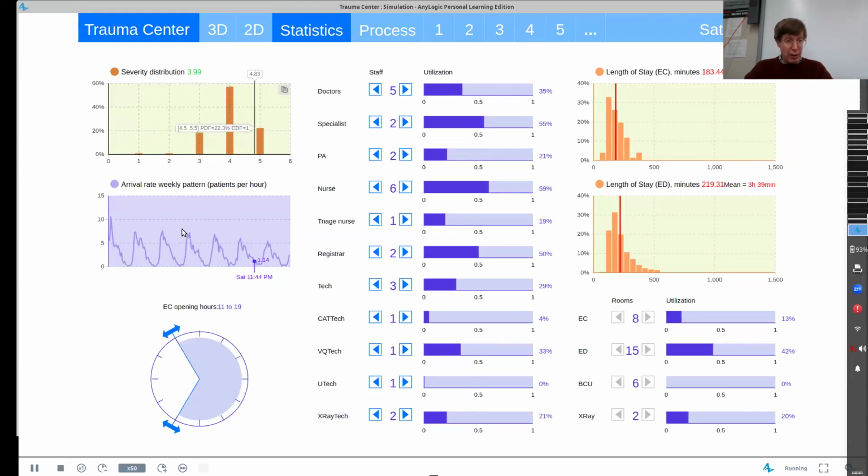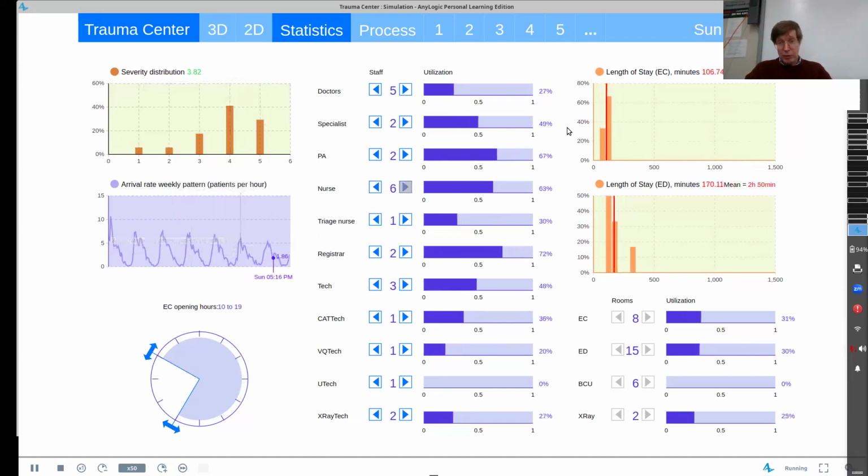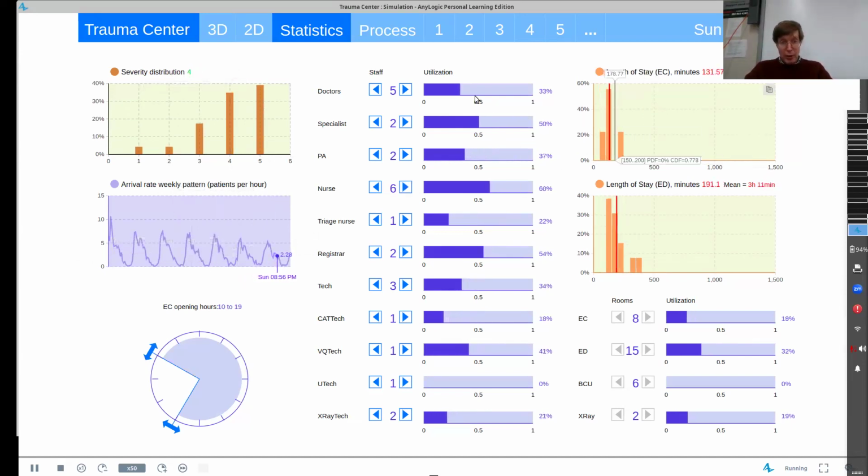This is providing an assumption like the arrival rate, an exogenous assumption about the distribution of people who are seen and their level of acuity, their level of severity. This is also an assumption in terms of opening hours. We can change that assumption and see how it affects the utilization, for example. Others of these things are emergent. The utilization is emergent.